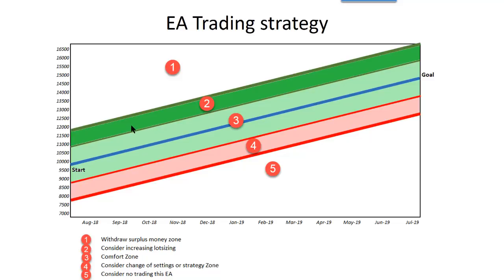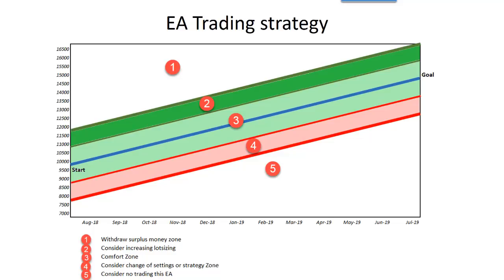The other area is that if you are making super profits or above expected gains, withdraw those gains. You know, a lot of people don't think of that option. Just withdraw the gains, and what that does is it decreases your risk overall, because the whole objective in the end is to try and create a risk-free environment. So let's say you start with 10,000 and you withdraw 10,000, whatever's left in your account is risk-free.